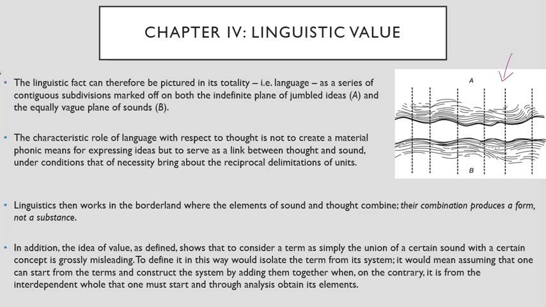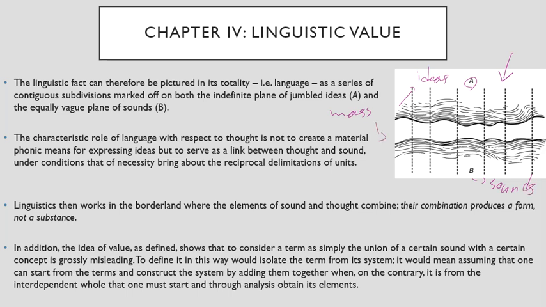Thought and sound is this diagram. We have an indefinite plane of jumbled ideas, which is A. So concepts or ideas are here. As you can see, it's like a wave thing. It's a mass, it's not a clean cut thing. And then we have an equally vague plane of sounds, which is B.